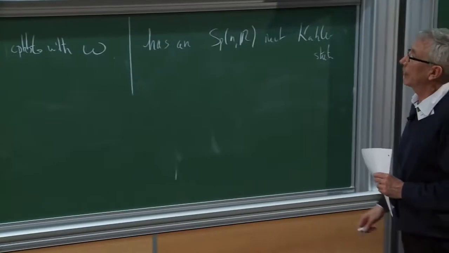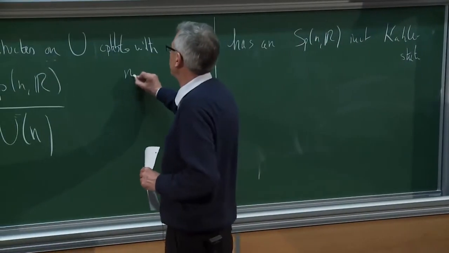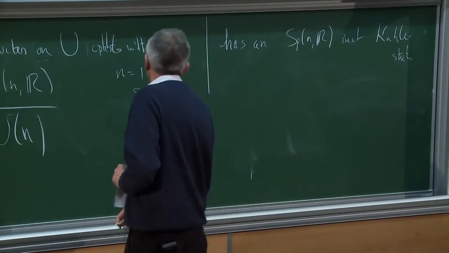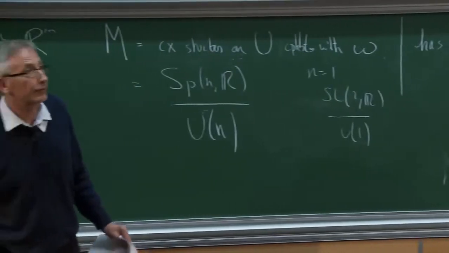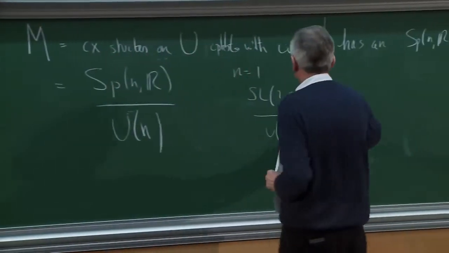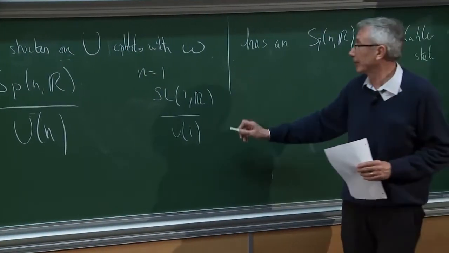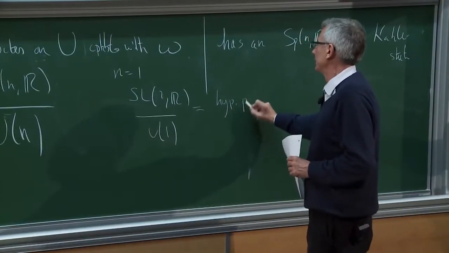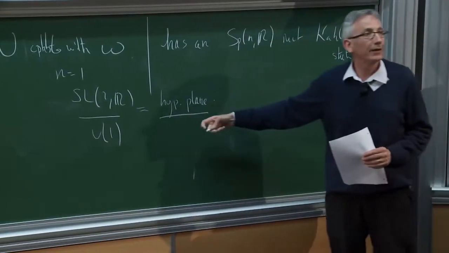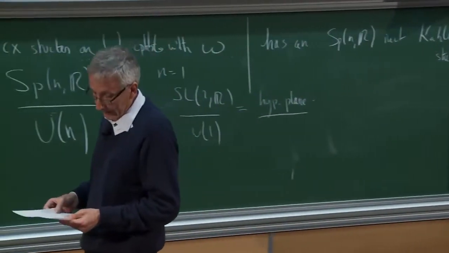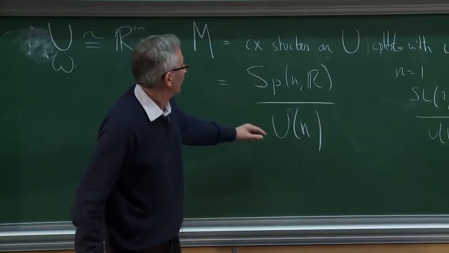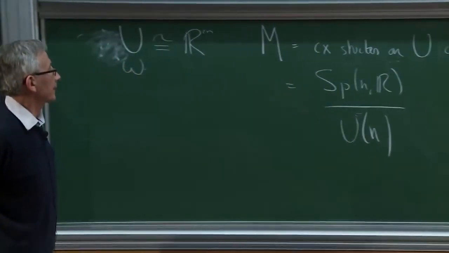But for example, if n equals 1, this would be SL(2,R) over U(1), which is just the hyperbolic plane, in either the disk or the upper half space model. We're certainly familiar with the fact that this has a natural Kähler structure.